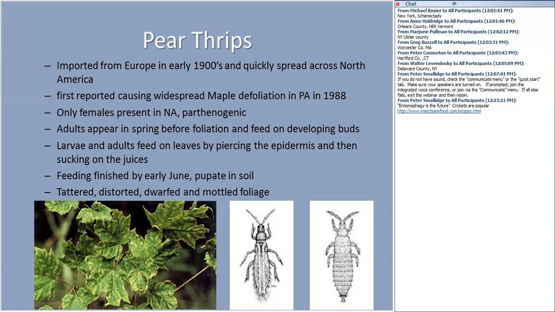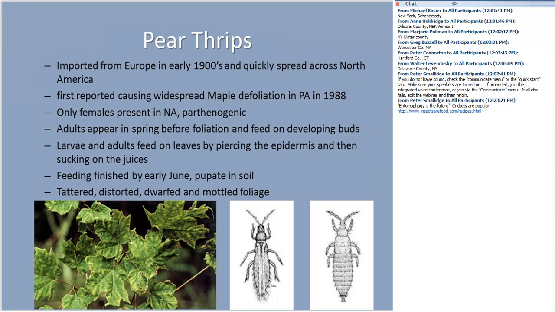This is a bug I remember in the 80s. Everybody was all nervous about it. It was first imported from Europe, first detected actually in California, I think 1907 or something like that. And it spread quickly across North America, and it was noted on fruit trees in particular.